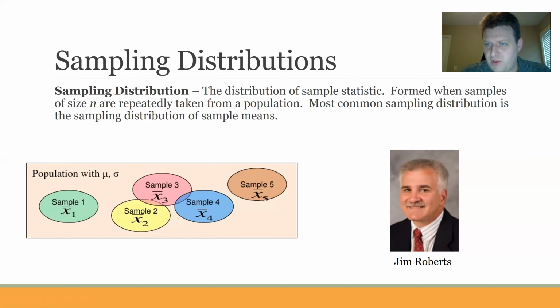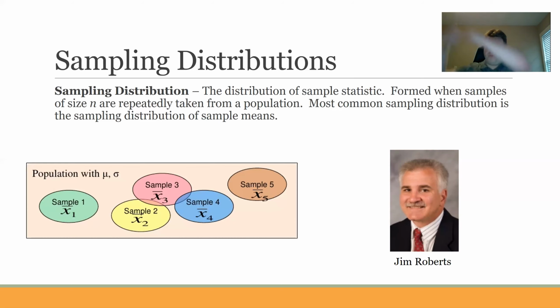So this is what we're going to do. There's a population out there, and we are going to reach out into the population and grab N numbers of subjects. Then we're going to calculate the mean of whatever. Maybe it's anxiety scores, maybe it's intelligence scores, whatever we're looking at. So then we're going to think about what the mean is, and then we're going to write it down in our notebook. Write down what that mean is.